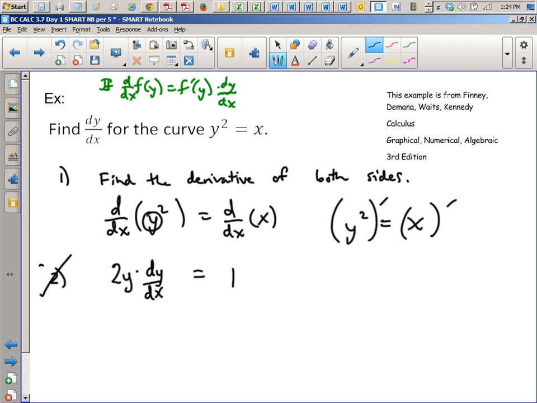So we don't really need step 2 for this problem. It's already separated. One term on the left, one term on the right. The one on the left has dy dx, the one on the right doesn't. Then the next step was to factor out the dy dx, but that's already done too. So we can skip step 3. We don't need steps 2 and 3 for this problem. It's time to divide. The answer is dy dx equals 1 over 2y. And that's the answer.